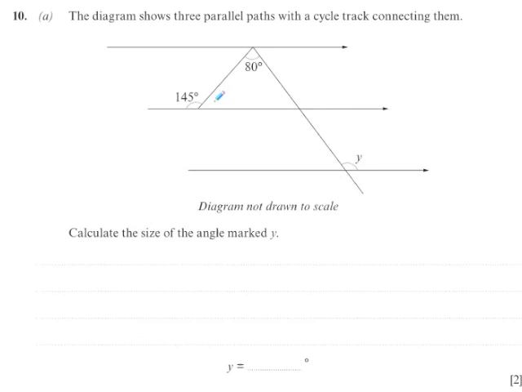I'm going to label these angles here A, B. I'm going to label an angle here C, and this one here D. Okay, so the first thing we know is that supplementary angles equal 180 degrees.